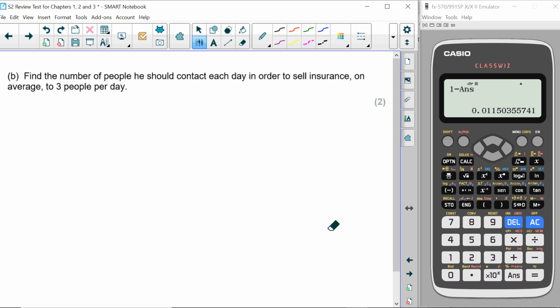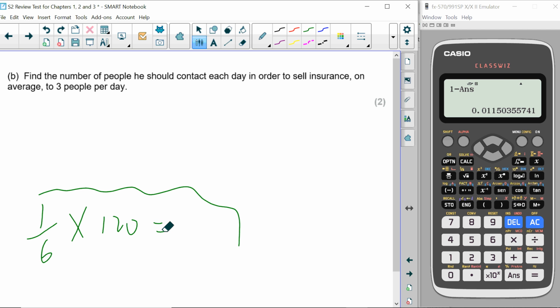Just as an example, if I am going to roll a die, and I know the probability that I get a 5 is a sixth, and I roll the die 120 times, I could do a sixth times 120, which is a fairly straightforward calculation that gives us 20.